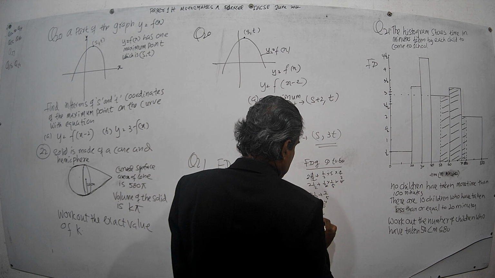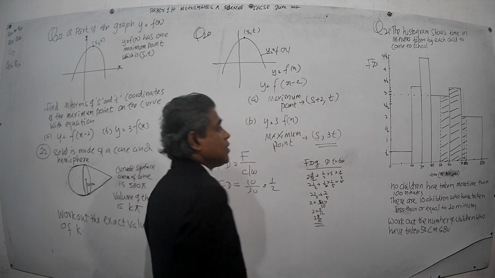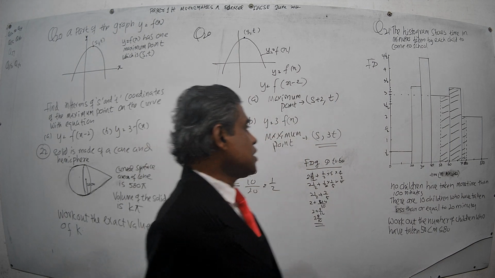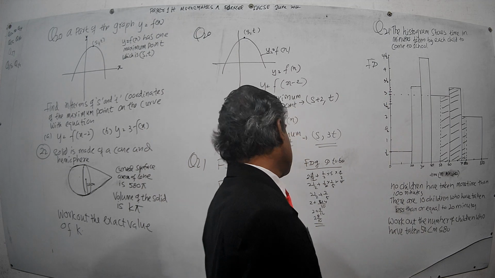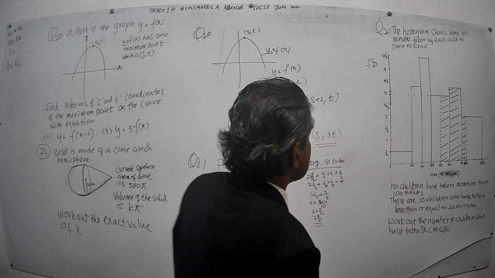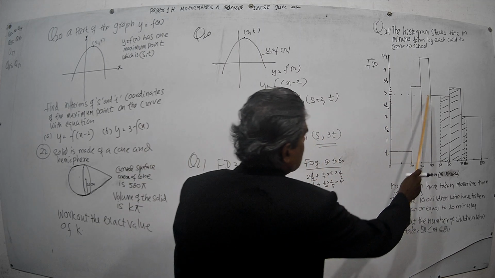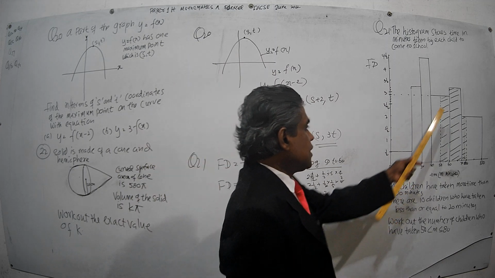That means 2 and 9 over 10, like that. That is this part. Right? That is the frequency density of this height. Then use that and find this area.